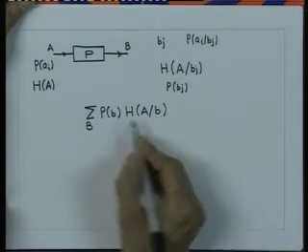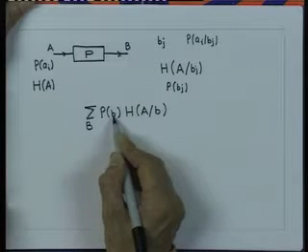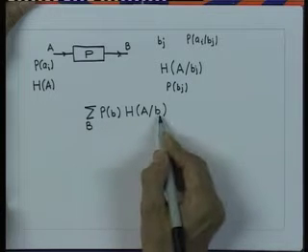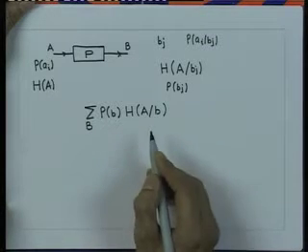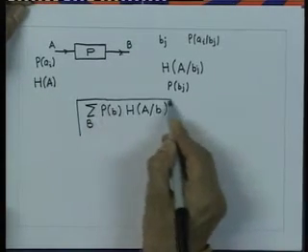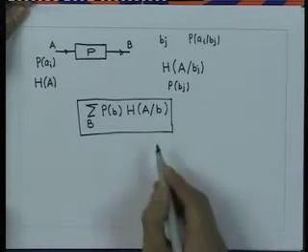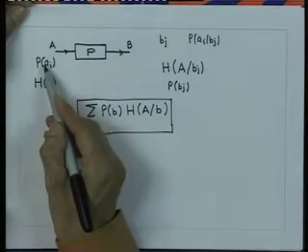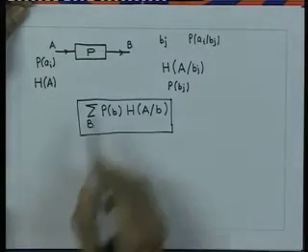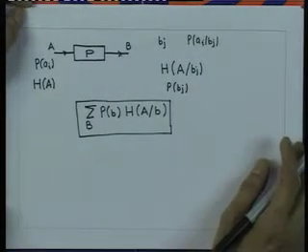Now, for the sake of convenience, we will use a short notation for Ai's and Bj's whenever we are writing in terms of summation. Instead of Bj, we will write B, and instead of Ai, we will just write A. So, this is the average number of binaries required to represent a symbol in input alphabet A, given that we have received an output symbol.